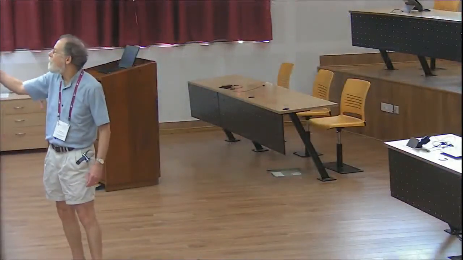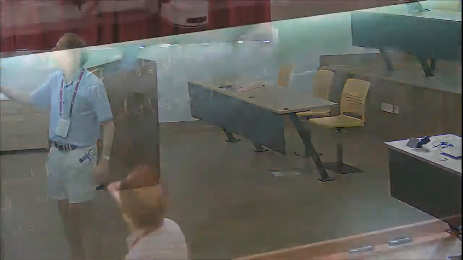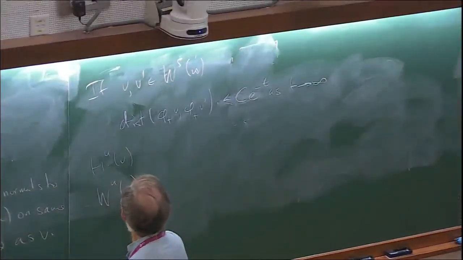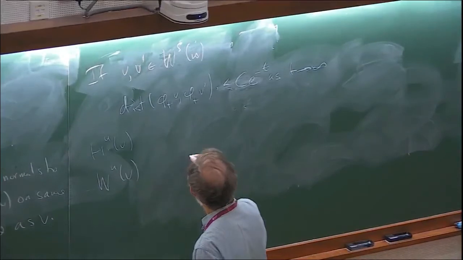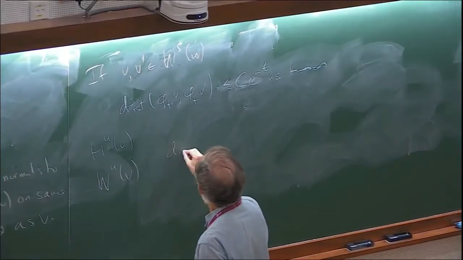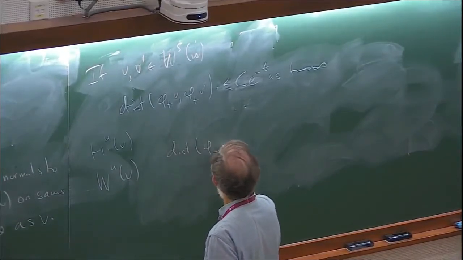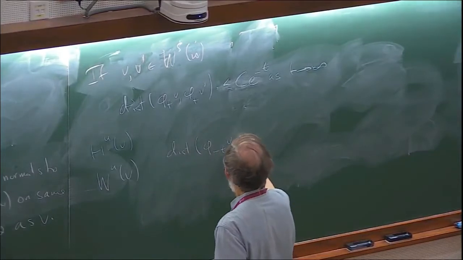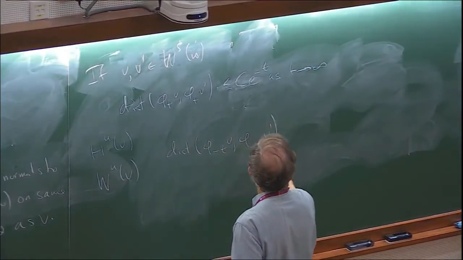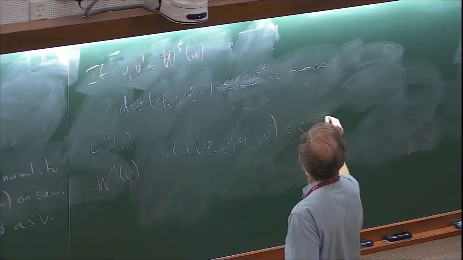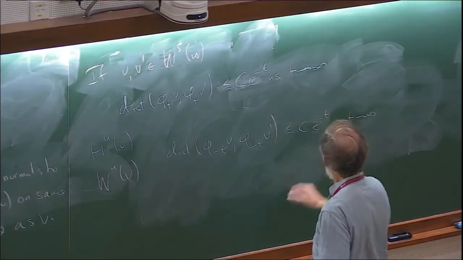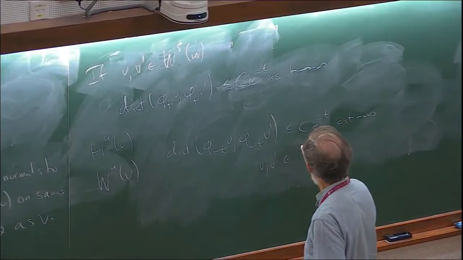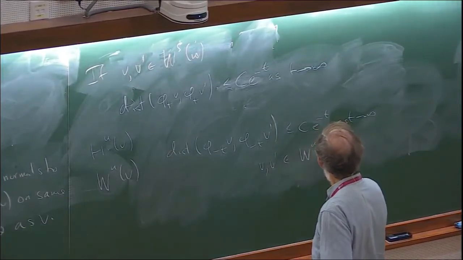And then you have HU of V and WU of V, and the corresponding statement would be the distance from phi minus t V to phi minus t V dash, with V dash in WU.